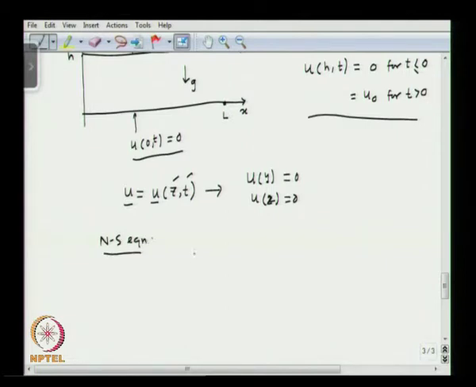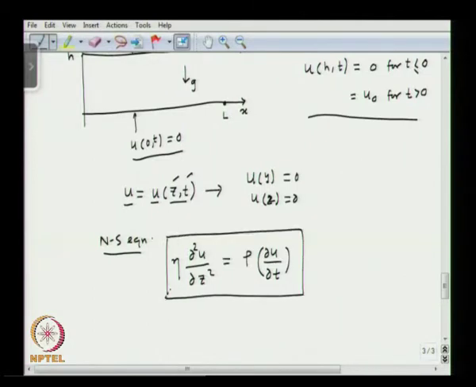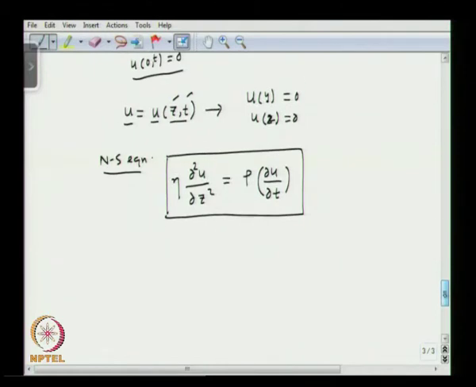Here we can write eta times del square u(z, t) over del z square, the viscous term, equal to rho into del u over del t. So, this is the unsteady term, and this is the viscous term.